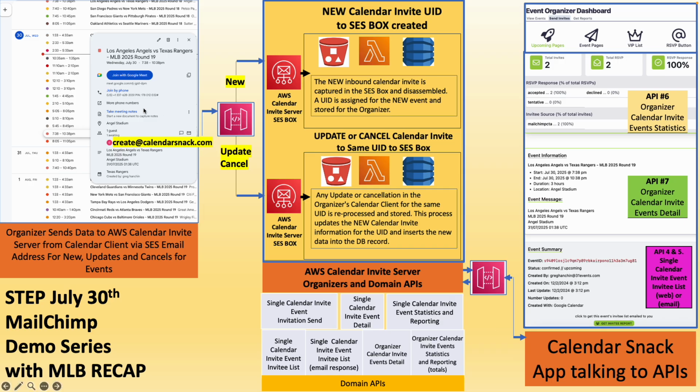You saw me use a new one and then an updated one, and the workflow is communicating to our APIs. And then in the end we sent out the updated calendar invite here using API number 1. If in fact that software switch is on, we will go out and send out the updated calendar invites and then track the updates. Thanks for stopping by.